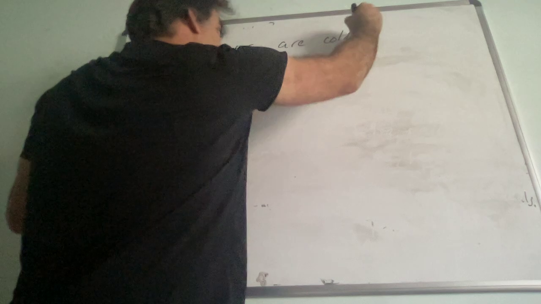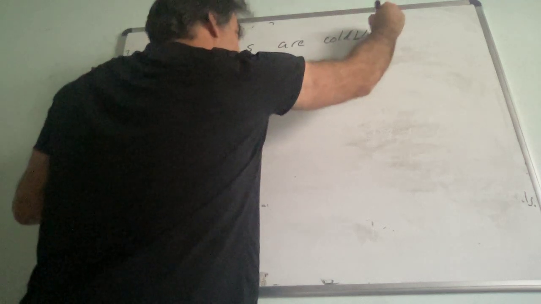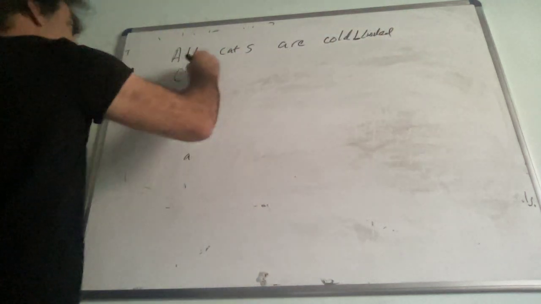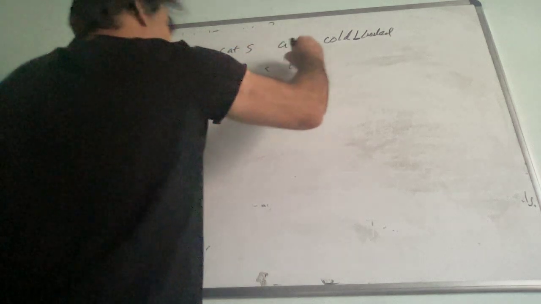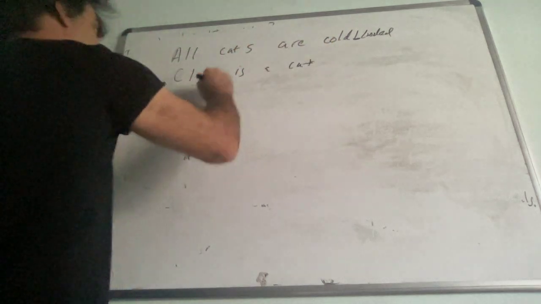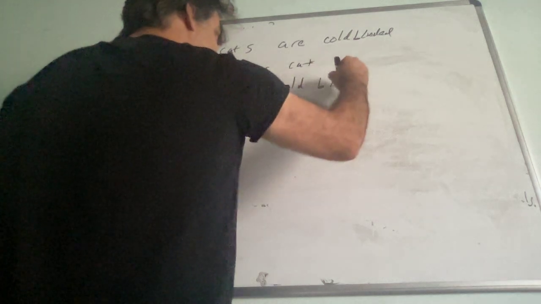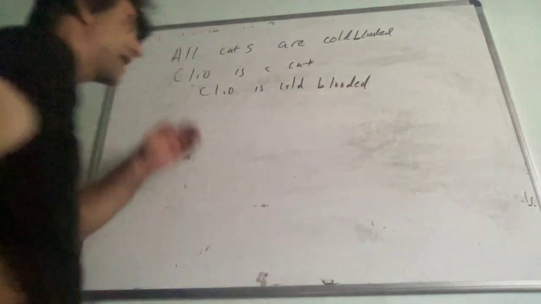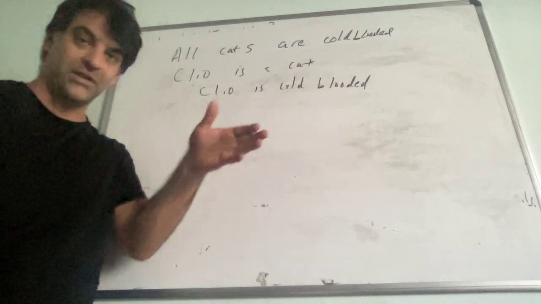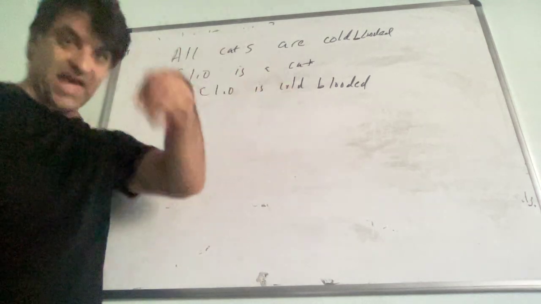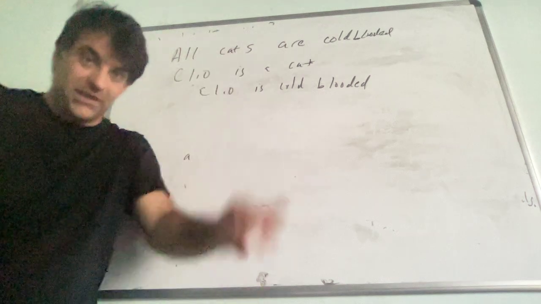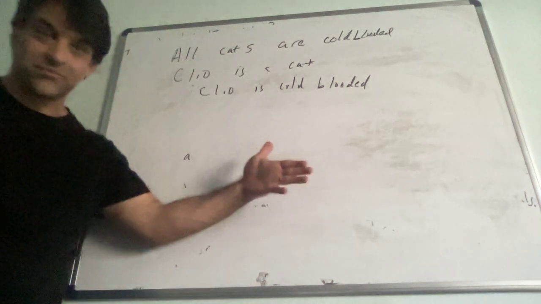All cats are cold-blooded. Cleo is a cat, so Cleo is cold-blooded. This is a valid argument. It follows that same valid pattern. All A is B. Cleo is A, so Cleo must be B since all A is B. That's valid. That's good reasoning.